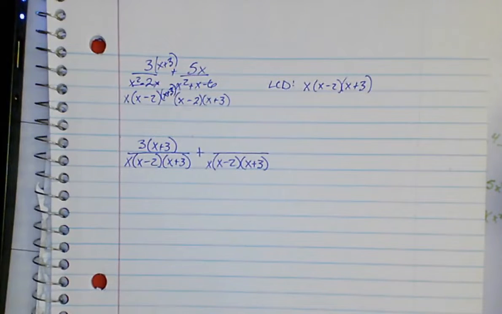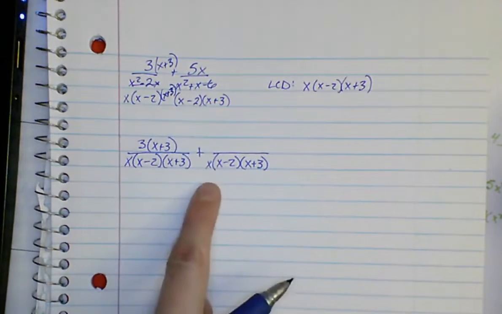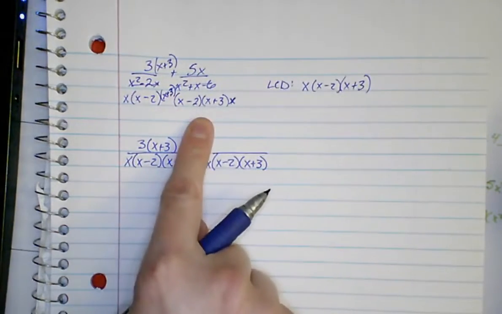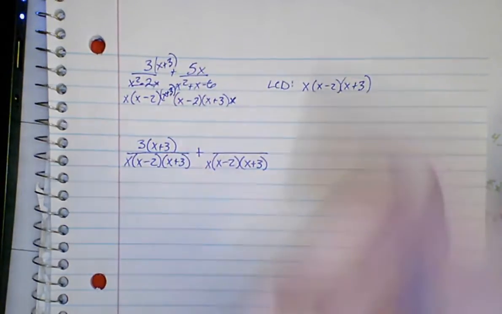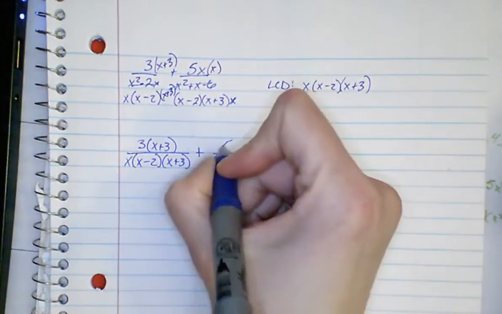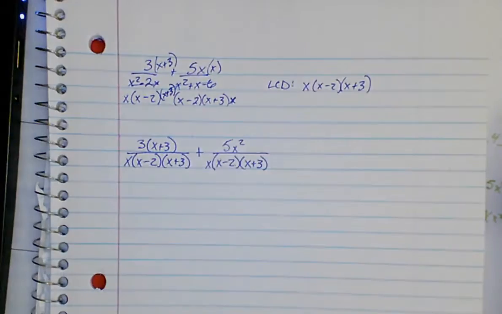So essentially we are uncanceling, or writing similar fractions. Between these two, we are missing this x. So to fix this, we multiply the denominator by x, and we have to multiply the numerator by x. So we'll get 5x squared.